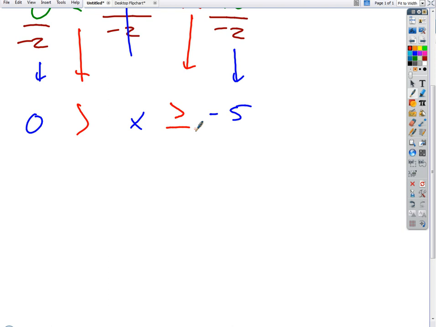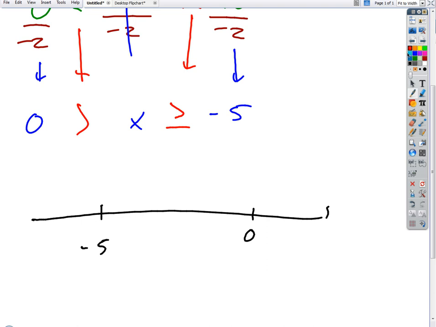If I were to graph this inequality, think what the inequality looks like. I get dots at 0 and -5. Which one's open? 0. Okay, I get an open dot at 0 and a closed dot at -5, right? So there's my 0, there's my -5.